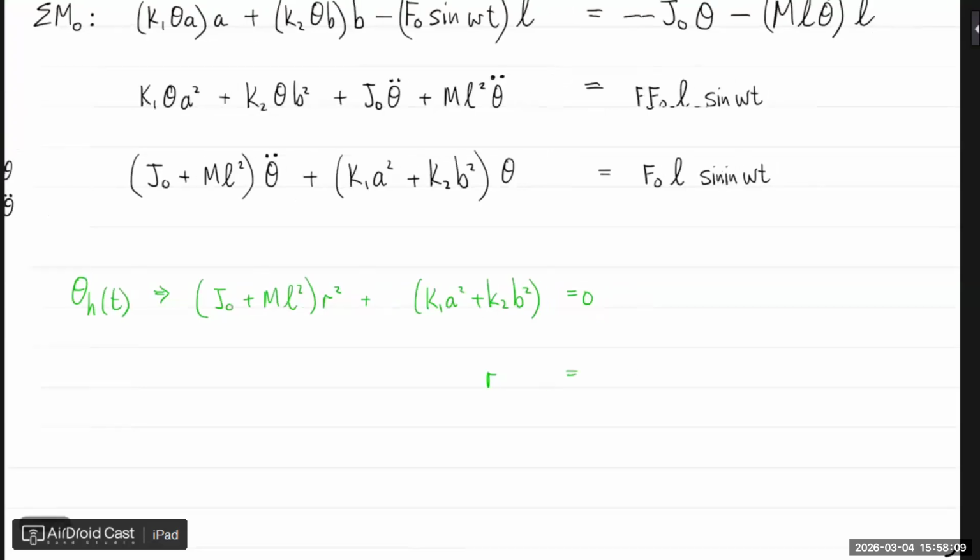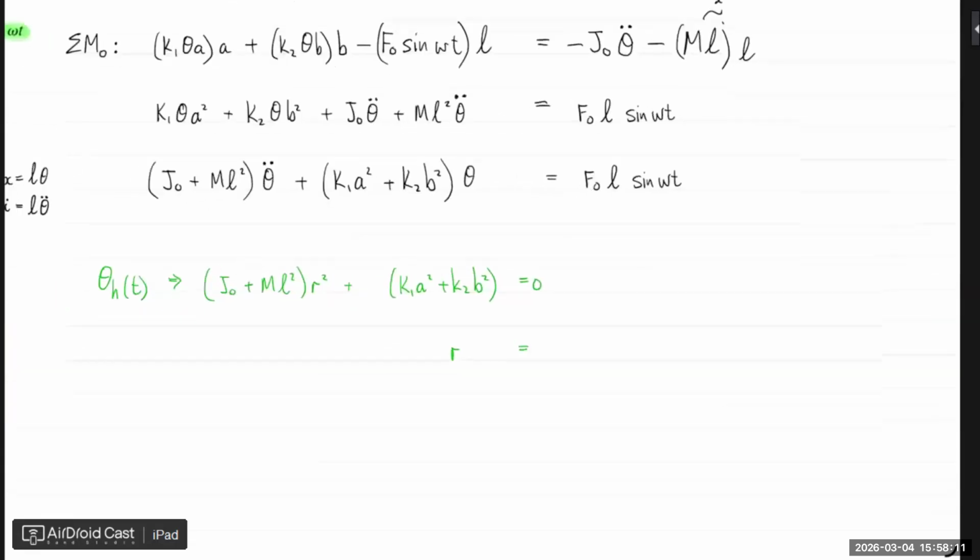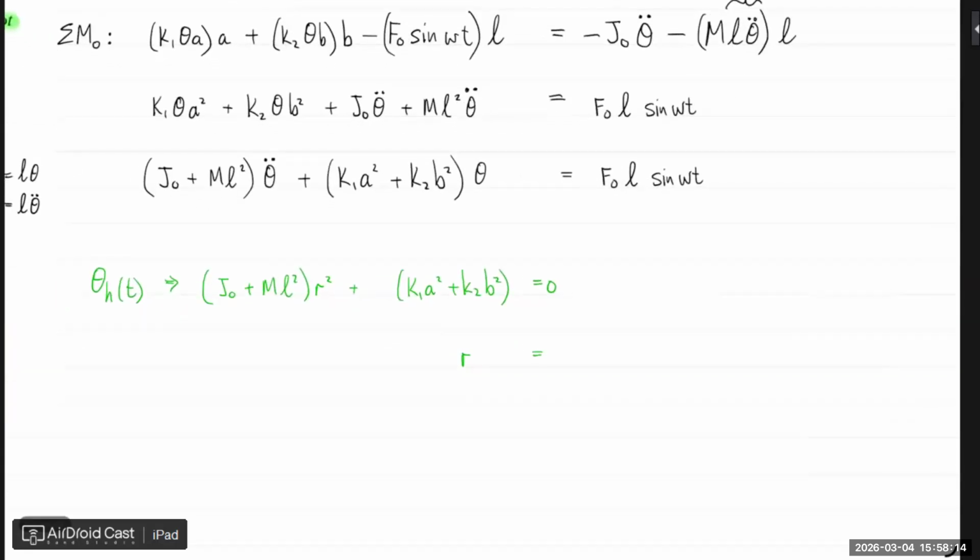So in the end, the R will be positive, negative, the square root of K1 A squared plus K2 B squared over J0 plus ML squared, but I, because it's negative. So it's a complex number.